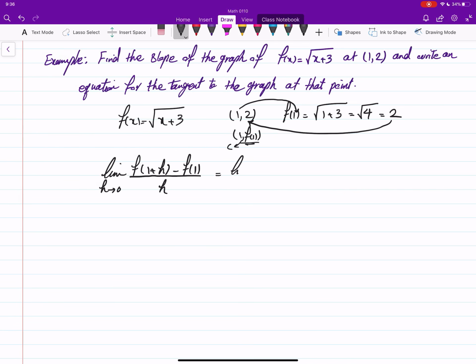Well, let us plug in everything there. So you plug in 1 plus h for x here. So it's root of 1 plus h plus 3, minus f of 1, which we already computed is 2, over h. And that gives us, well, let me write it here.